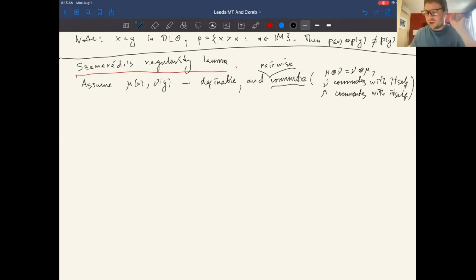So we avoid the situation that we had in the previous example. An important case to which this applies, and this is how you get the original Szemerédi regularity lemma from what I'm going to say, is that, for example, mu and nu are ultraproducts of finite counting measures. So pseudofinite measures in a sufficiently rich language.